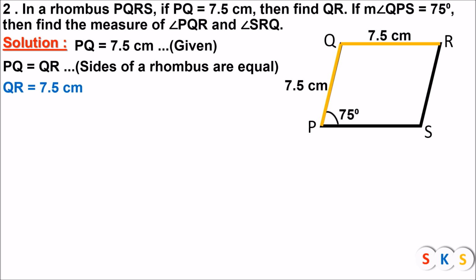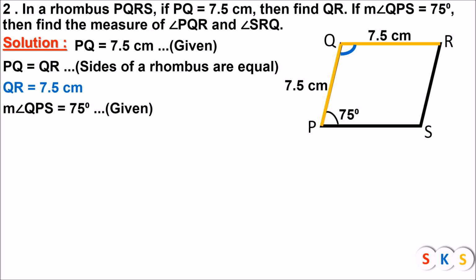And now you can see in this figure, angle QPS is given 75 degrees. Angle QPS, that is angle P, and angle PQR, that is angle Q, are interior angles of the rhombus.